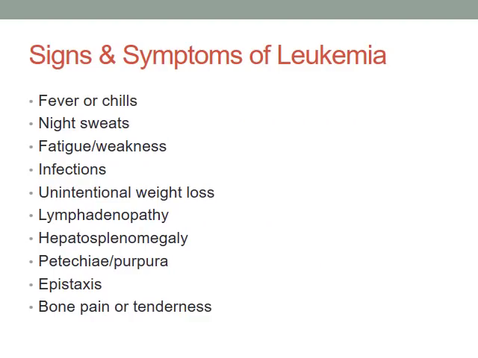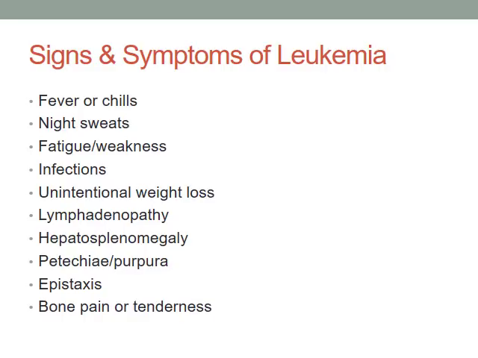Each type of leukemia can have slightly different presentation, but in general, providers will see many of the same signs and symptoms in all patients with leukemia. Some symptoms include fever, chills, and night sweats. You may also find patients have fatigue and weakness.